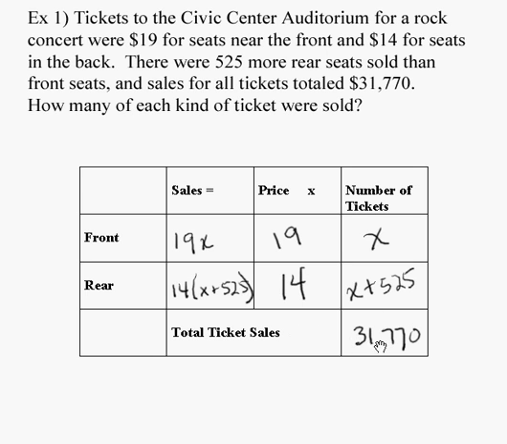Now we know that the total amount of money brought in was $31,770. So what we want to find is an equation. It makes sense that the total sales is equal to how much money we brought in from the seats near the front plus how much money we brought in for seats near the back.